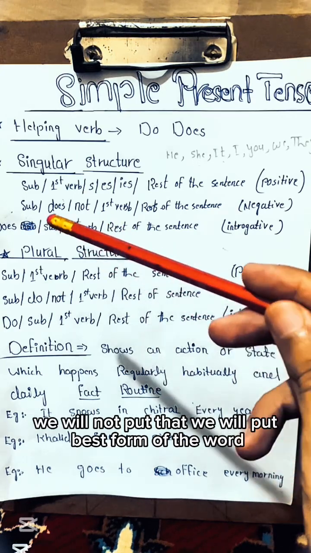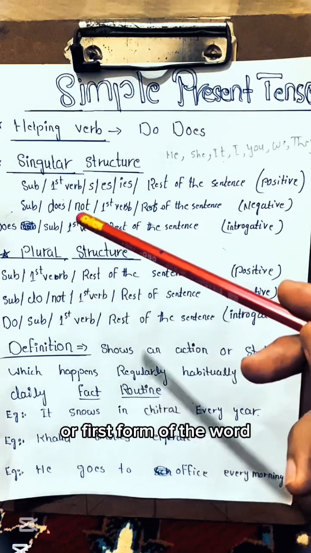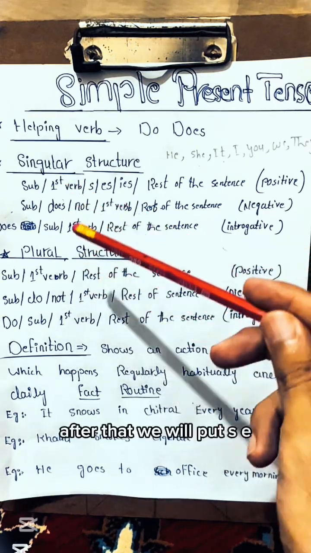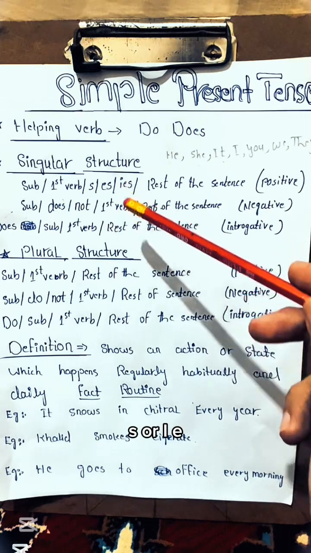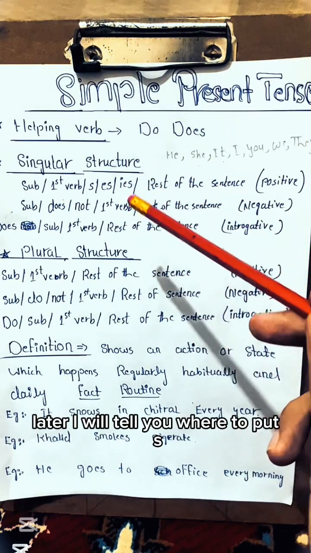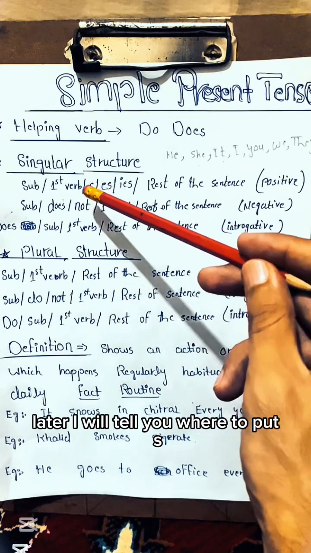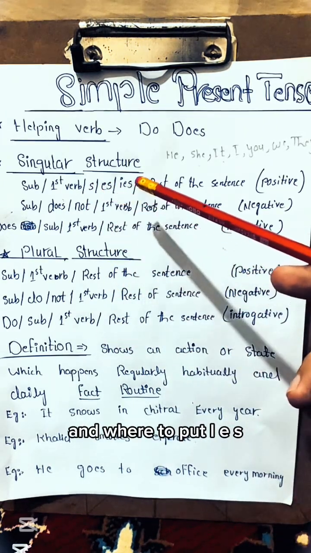We will put the base form or first form of the verb. After that we will put s, es or ies and then the rest of the sentence. Later I will tell you where to put s, where to put es and where to put ies.